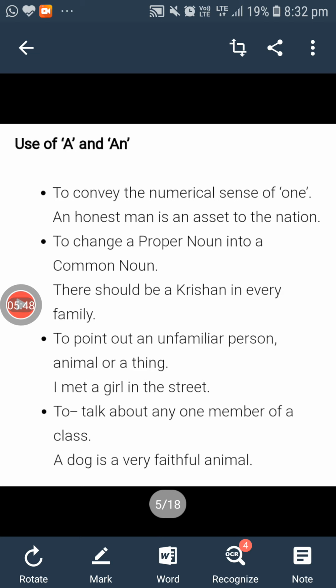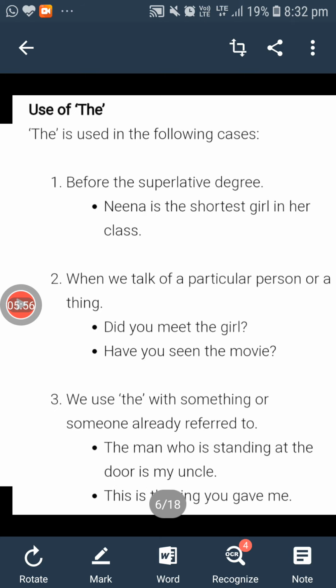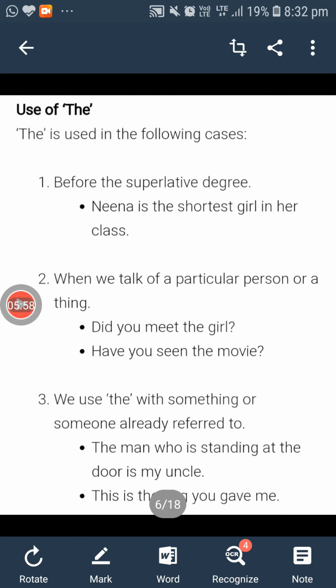And then about the, we use it very often with a particular person, and a singular noun with it refers to a particular class or a group, like my brother has joined the NDA, the Yamuna, the Andaman Nicobar, the Titanic. Okay, so in all these cases we use it.